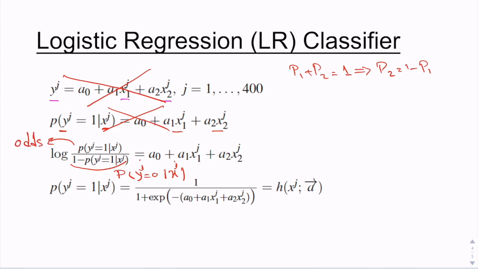You can see that if the probability that yj equals 1 is high, this ratio goes up. Namely, if this probability is 1, then this would be an infinite number. And if it is close to 0, that will go to minus infinity. Then we take the log to make it bounded.